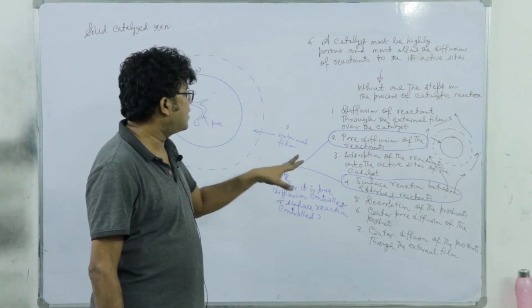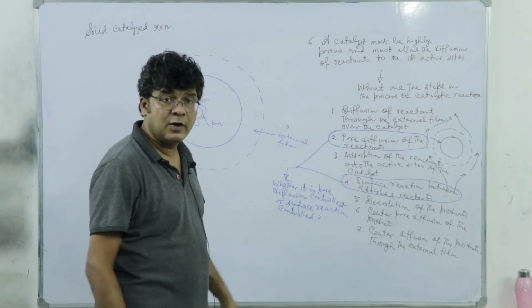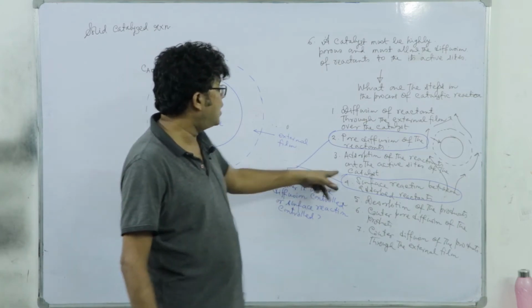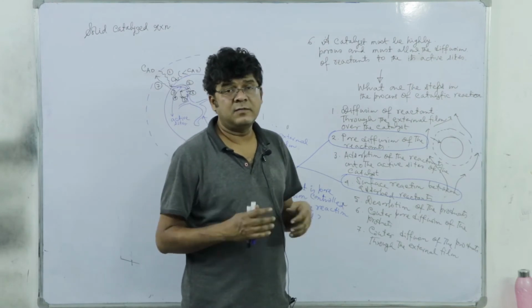Whether it is pore diffusion controlled means whether this pore diffusion is the slowest step, the most time-taking step, and that determines the time of catalysis, or it is the reaction which determines the time of catalysis.